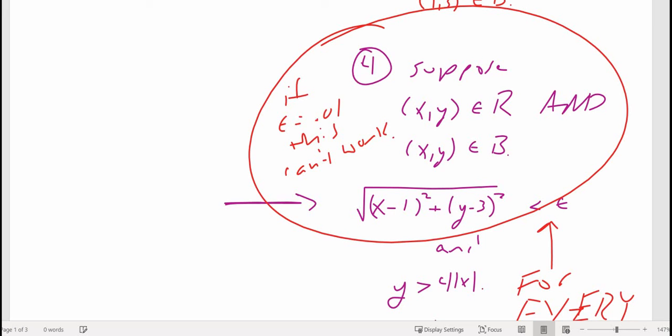The point would not be in both the region R and inside of that ball, because it's too small.